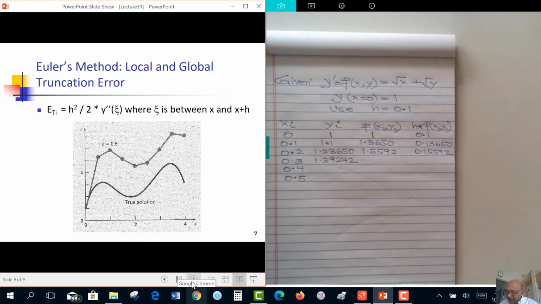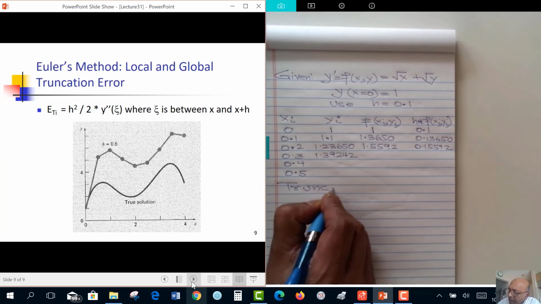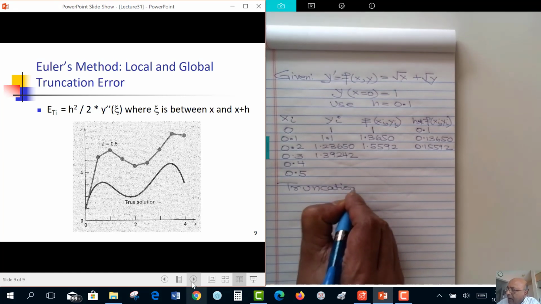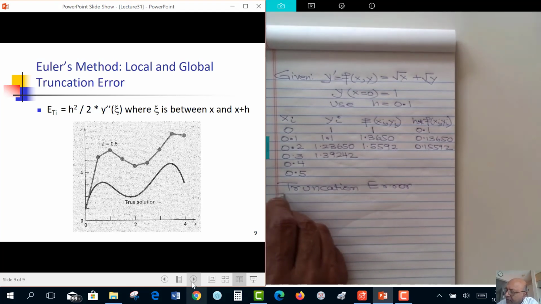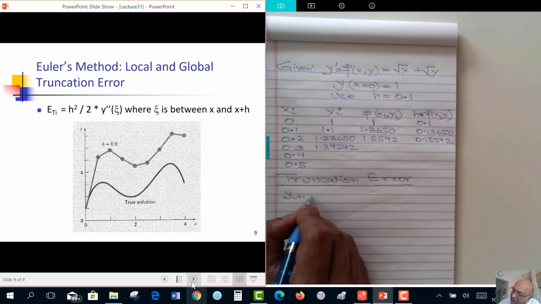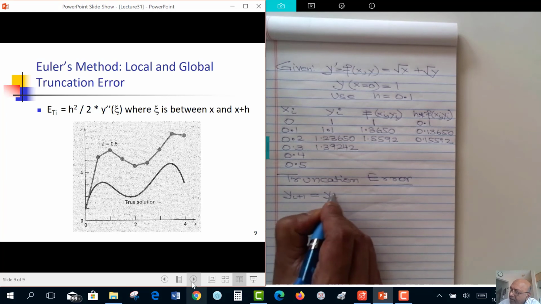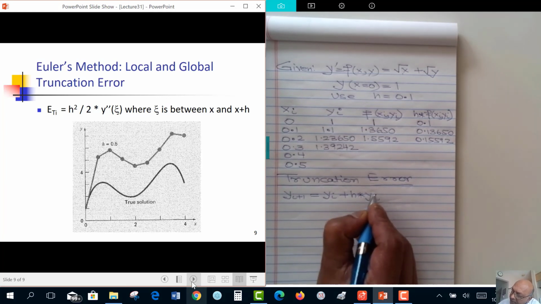All right. So let's see what about our truncation error here. When we look at truncation error, we can derive it very simply from Taylor series. So from Taylor series, what do we know? Yi plus 1 is yi plus h times yi prime.